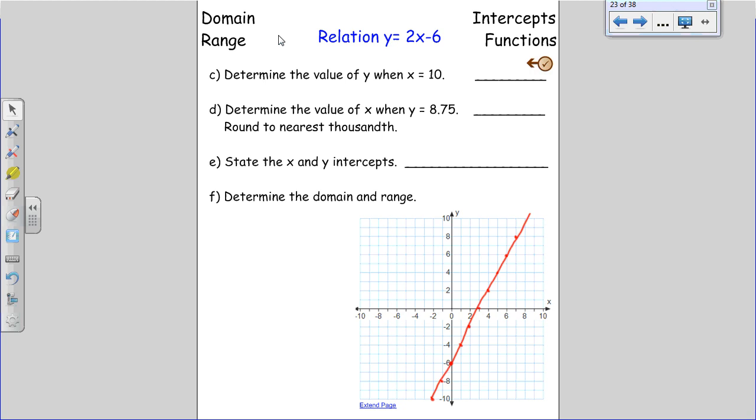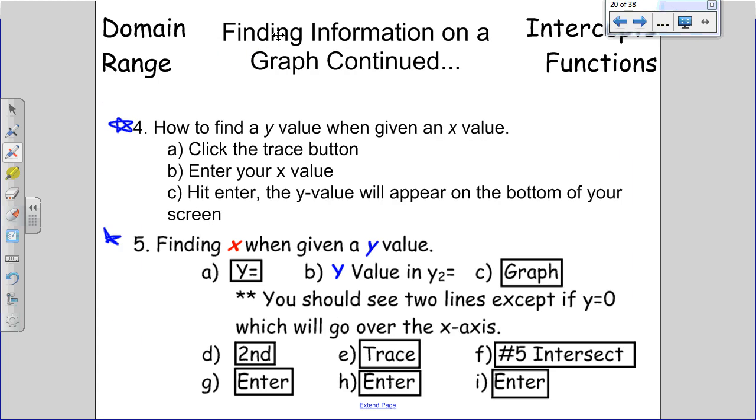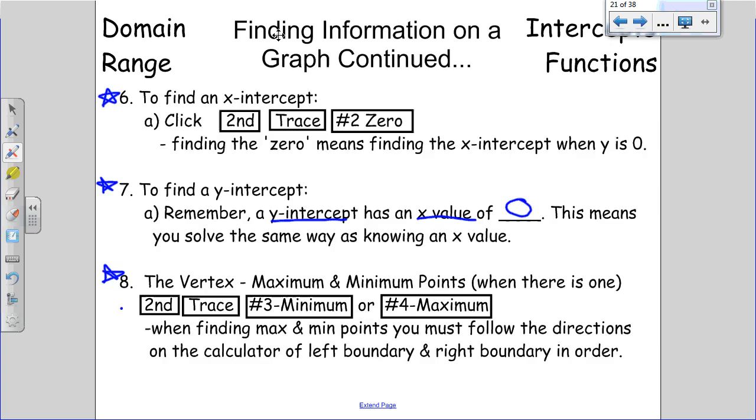So this first question says, determine the value of y when x equals 10. So they've given you an x value. If they've given you an x value, you are going to use these steps right here. How to find a y when given an x. You want to be on your graph. When you're on your graph, it should still look like this thing right here. You want to click the trace button. The trace button is beside the graph button.